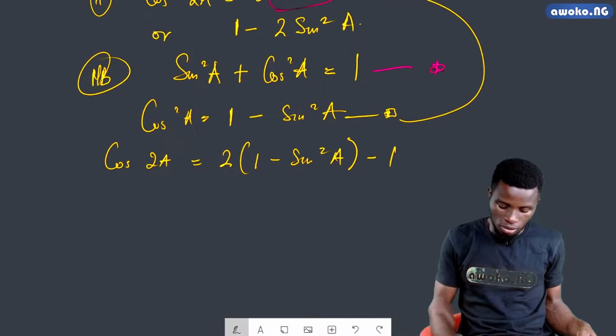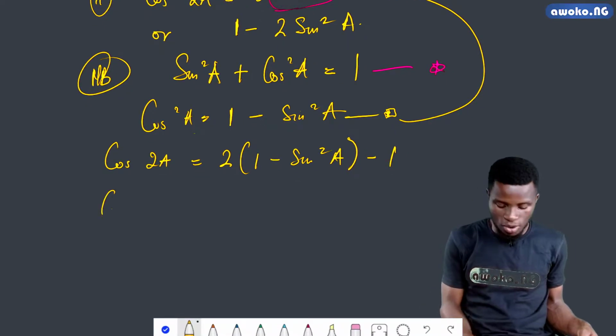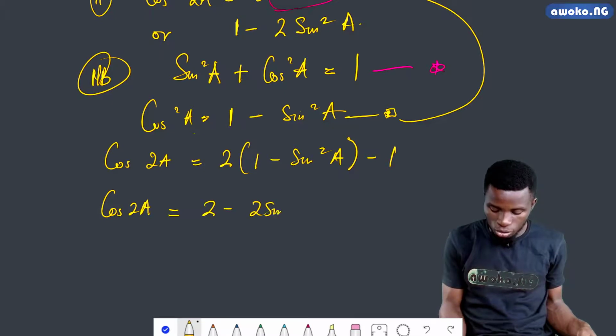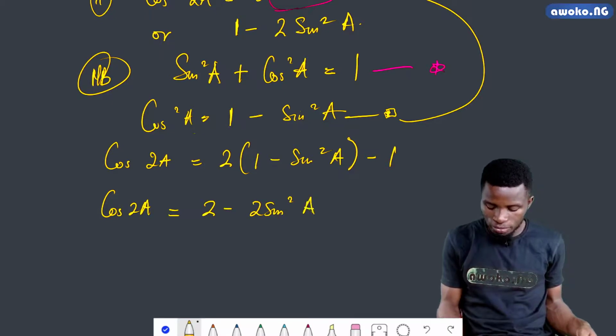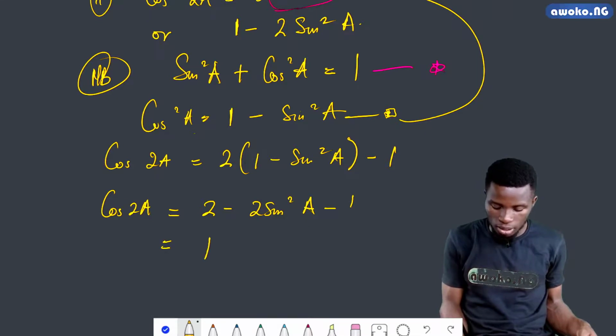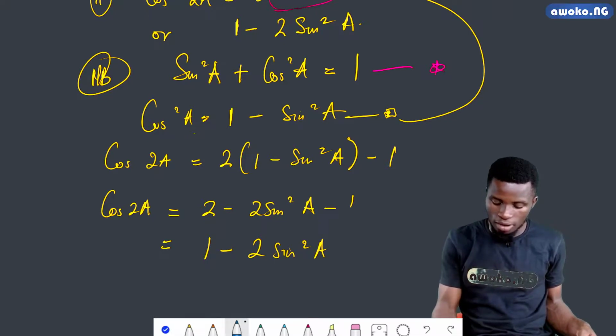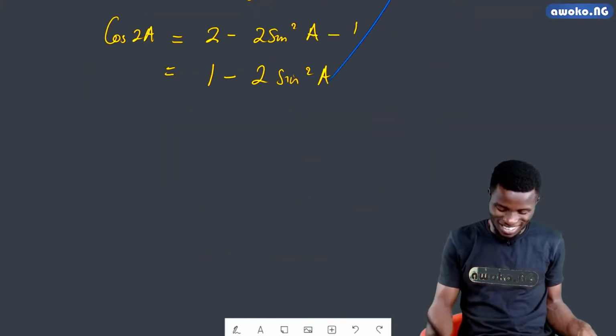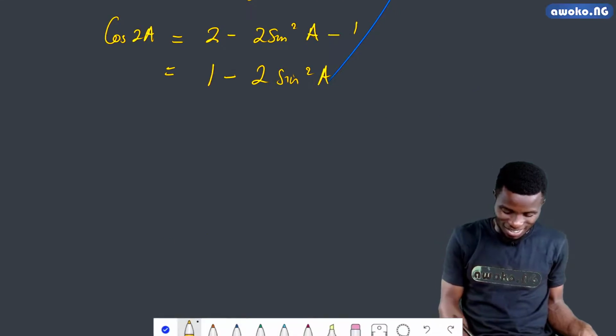Of course, if you open the bracket, you have cos 2A is equal to 2 minus 2 sine square A minus 1. So therefore, 2 minus 1 is 1. I have 1 minus 2 sine square A, which is the same thing with what we have over here. Is that okay? So that is that.